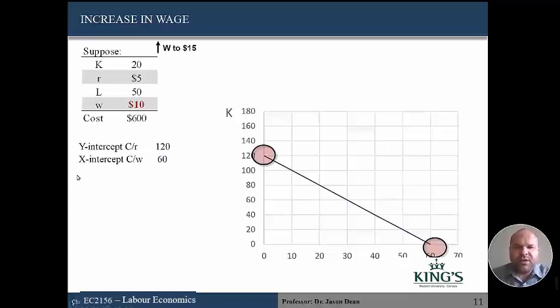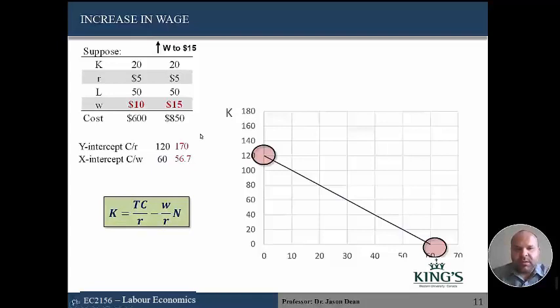Now suppose the wage increases to $15. How is that going to affect the ISO cost line? Well, if the wage increases and we were to stay at using 20 units of capital and 50 units of labor, the cost would be $850. And the intercepts would be as follows, 170 and 56.7.